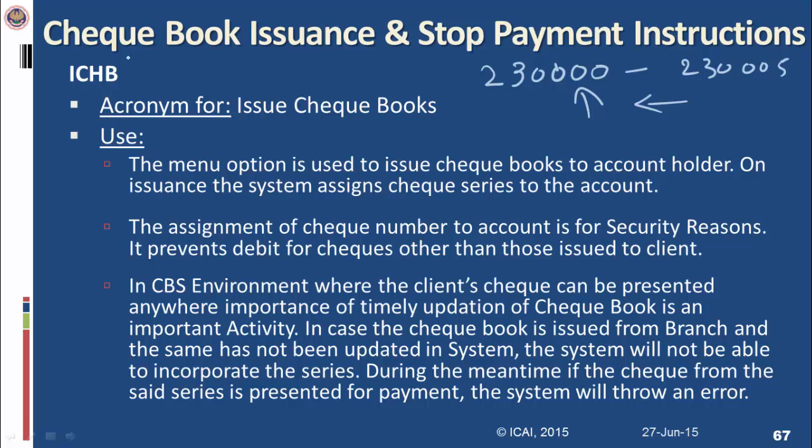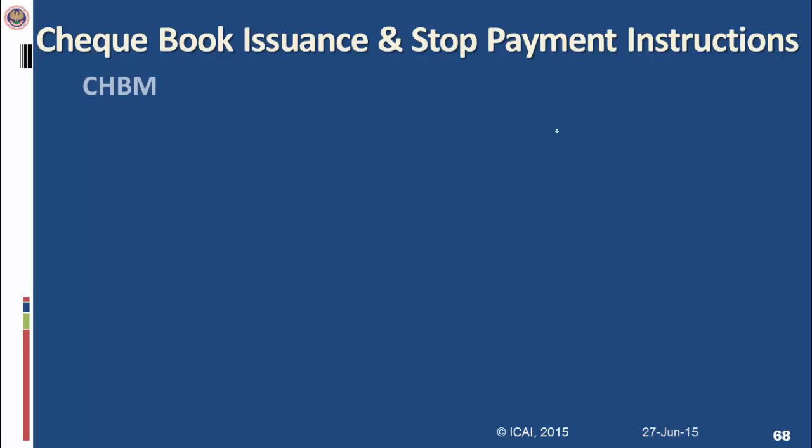Now it is possible only when the ICHB is done for the checkbook issuance. If it is not done and a check is received, then the system will not allow the user to enter the check number. In that scenario, the user needs to either go through without-check-number debit, or update the checkbook first, and then it can go further.